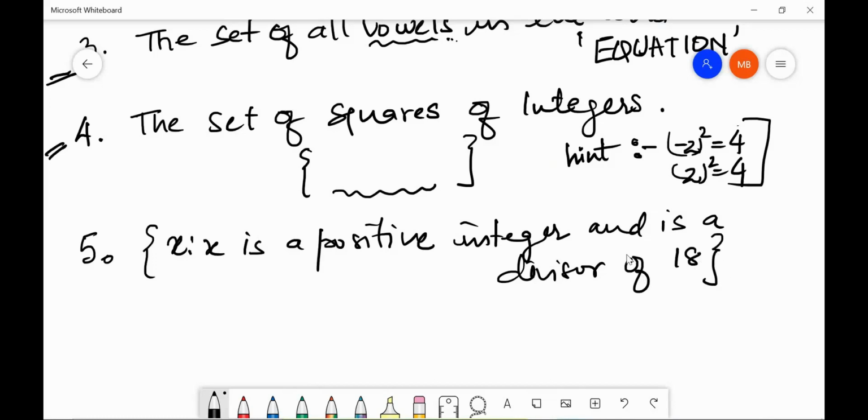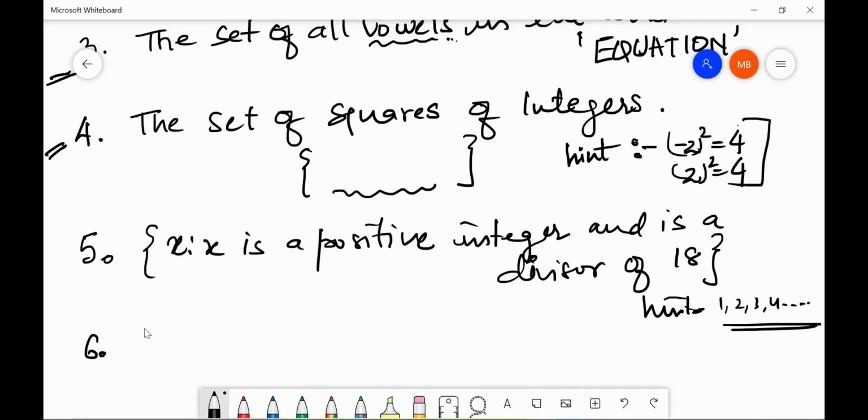So we are talking about positive integers here. So you have got limited options: 1, 2, 3, 4, and so on. Then you have to select which ones of them are actually divisors of 18. So that will be your answer. So this is again a hint for you. Don't look for negative integers. Just focus on the positive ones.